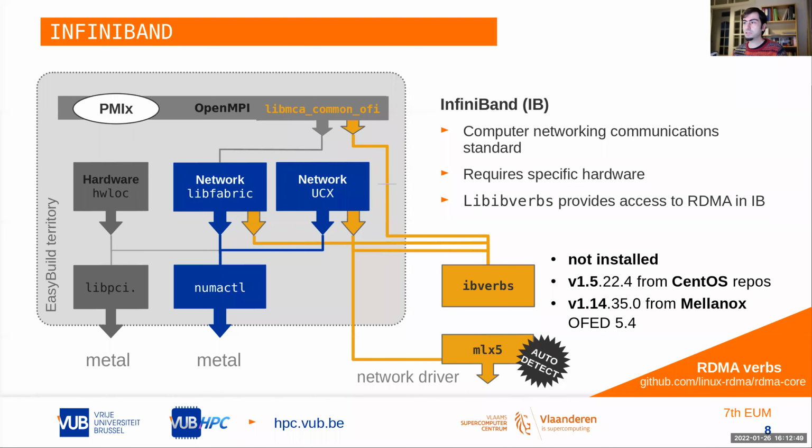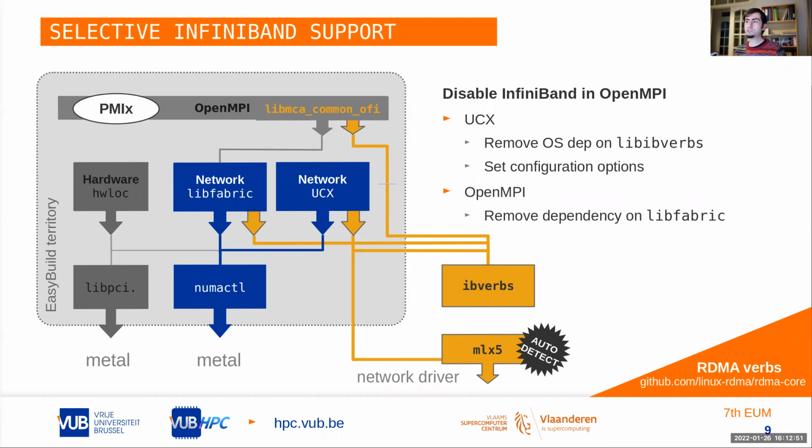So then, what we want actually is to disable InfiniBand in the OpenMPI stack. So we want to compile UCX without verbs, and also remove the OS dependency, because our nodes might not have that library. We will also remove the dependency on libfabric in OpenMPI.